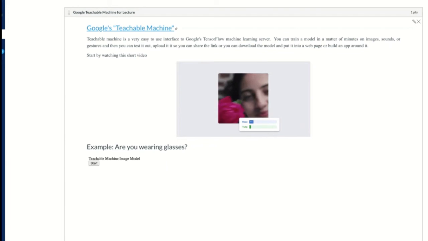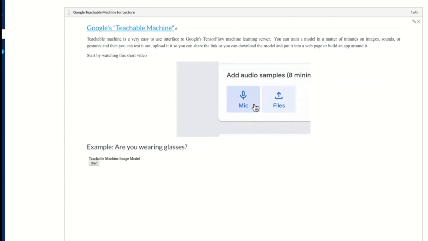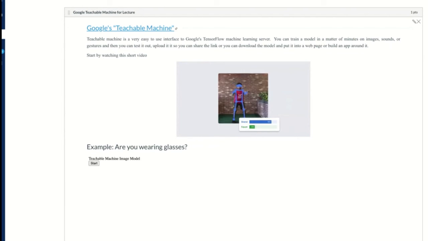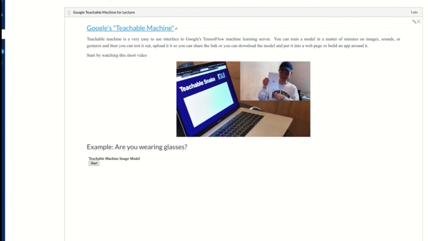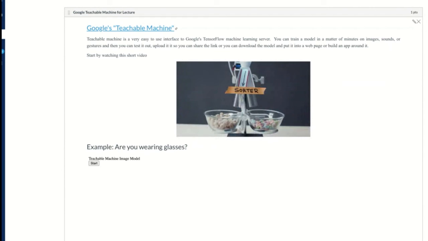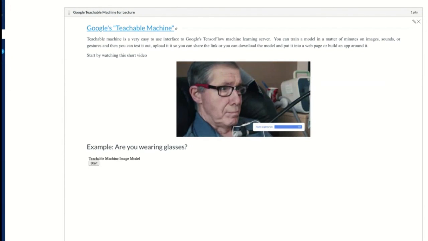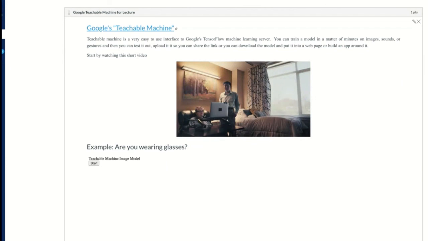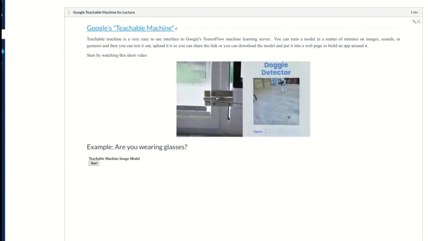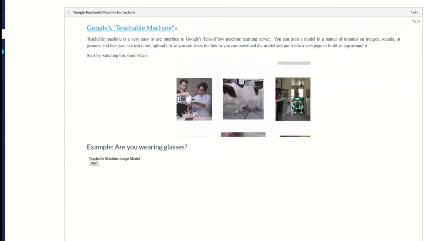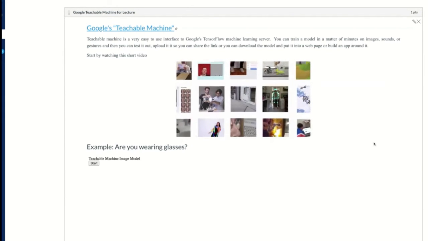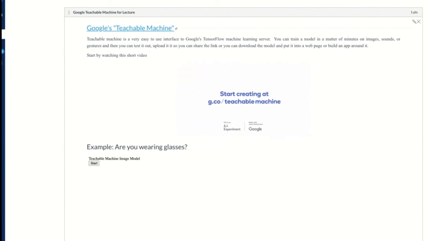Using images, audio, or even poses. Personalized machine learning models for the things that matter to you. And folks have already been trying it out, using Teachable Machine in their own experiments, solving problems in their communities, or even just at home. Start creating and see where your ideas take you at g.co/teachablemachine.